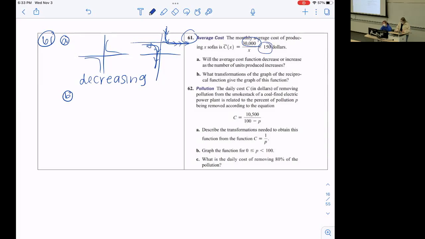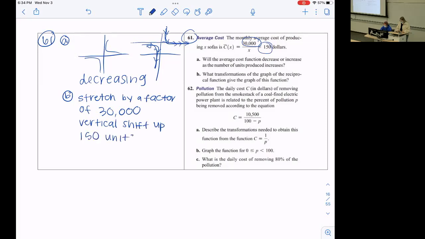So that 30,000 is a stretch by a factor of 30,000, and a vertical shift up 150 units. Are there any other questions about 61 or 62?